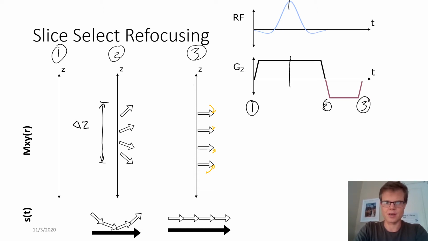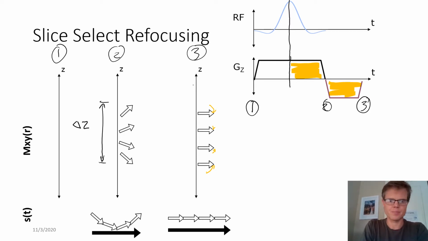If we take the time at the center of the RF pulse, what we actually want is this area here to be equal to this area here. If we do this, this is the condition under which we'll get the refocusing.